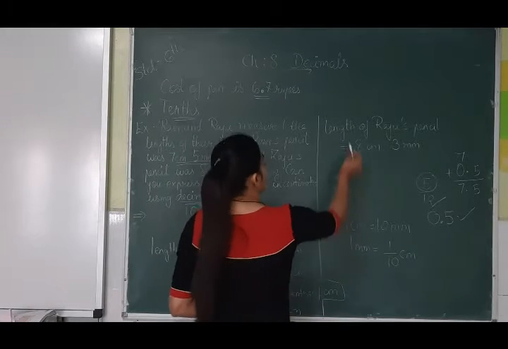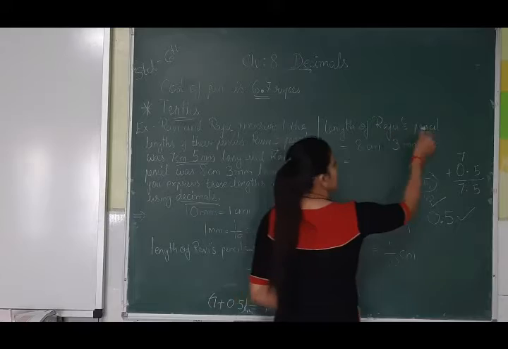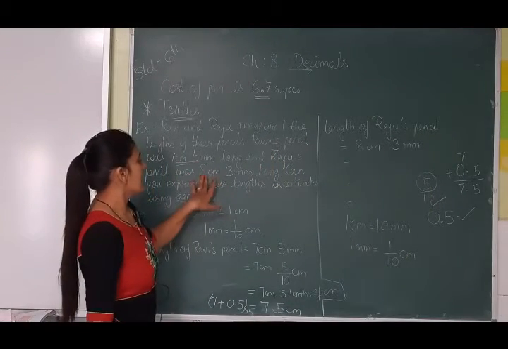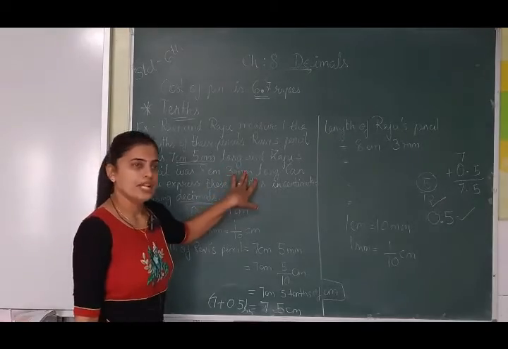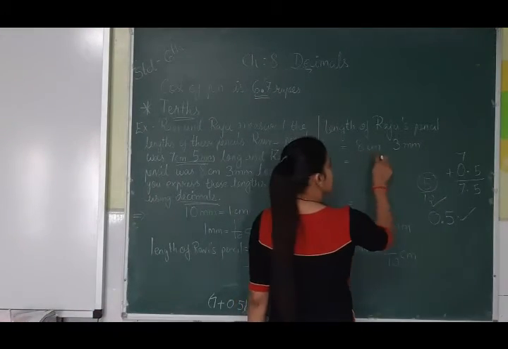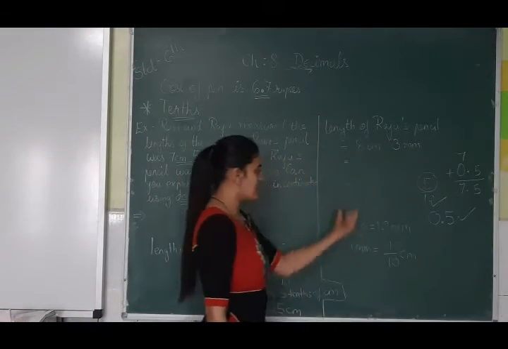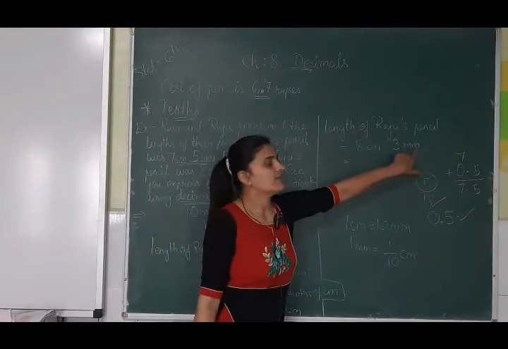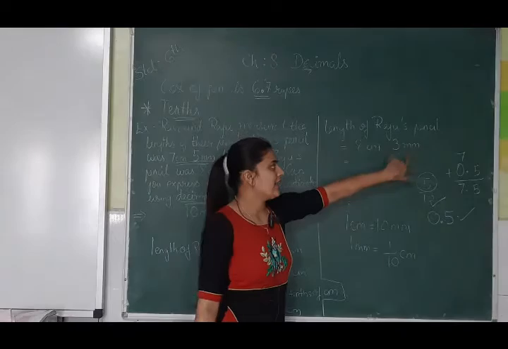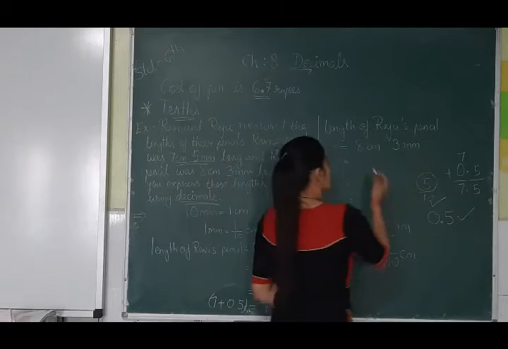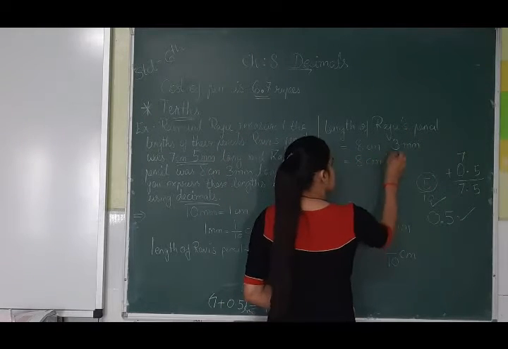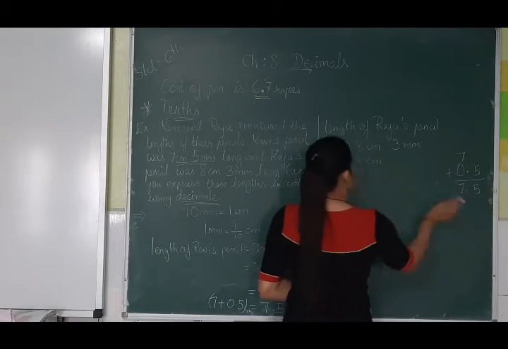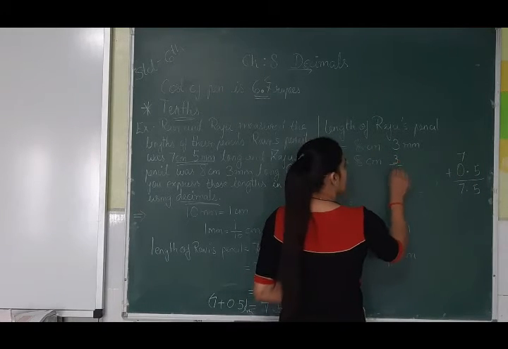Now the length of Raju's pencil. The length of Raju's pencil is given as 8 centimeter and 3 millimeter. Here again, 8 centimeter and 3 millimeter, the same steps we will follow. We will divide the 3 millimeter by 10 to convert it into centimeter. So 8 centimeter as it is, and 3 millimeter will be converted into centimeter by dividing by 10.